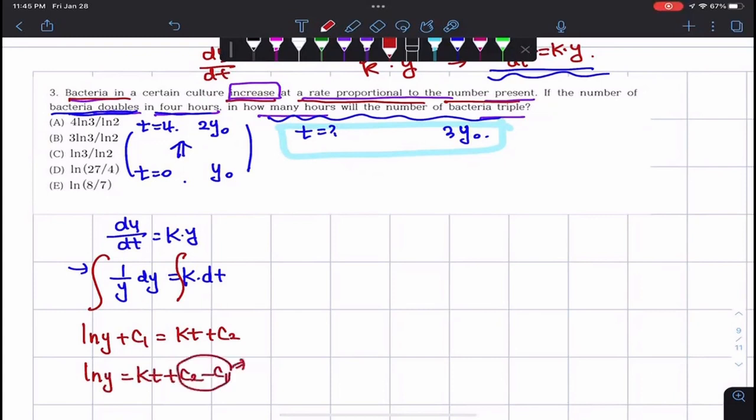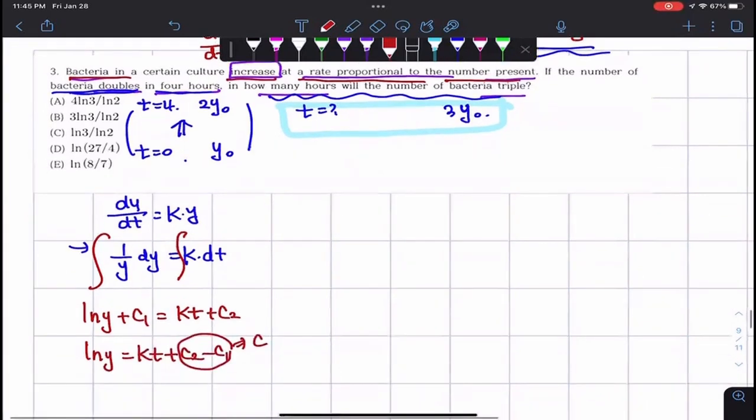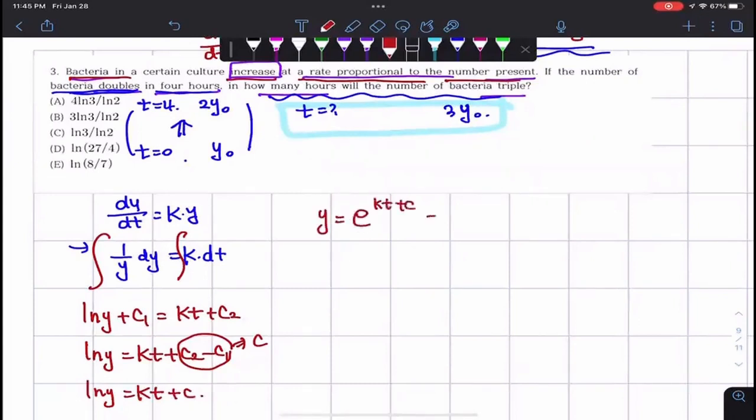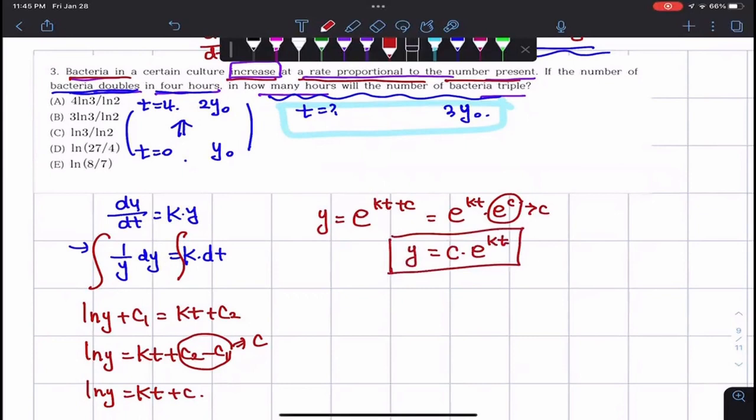This is just c, because c is undecided. ln y equals k times t plus c, so y equals e to the power of kt plus c, which is c times e to the power of k times t. This is the function of exponential growth.